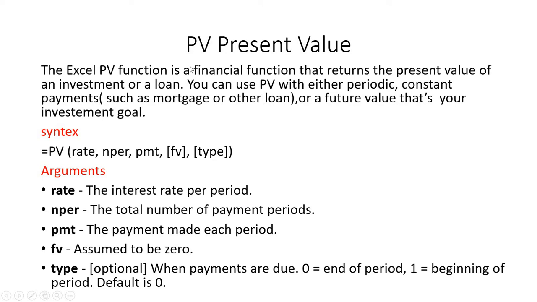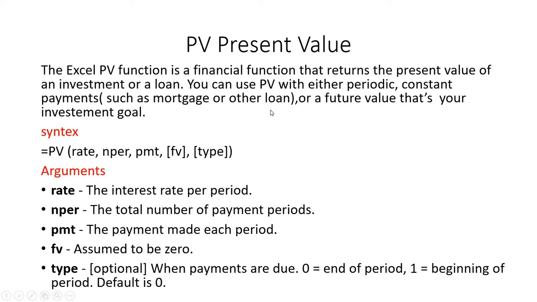Another function, it is present value. Present value is used to find the present value or a current value of an investment during a specific time period. This investment will be either a mortgage or a loan.